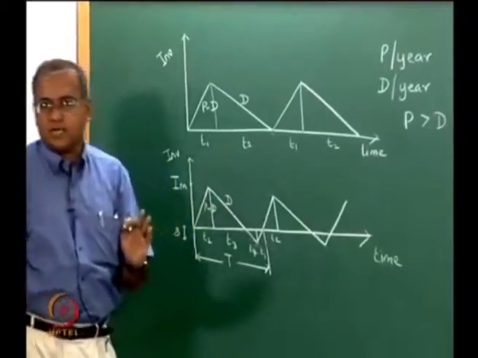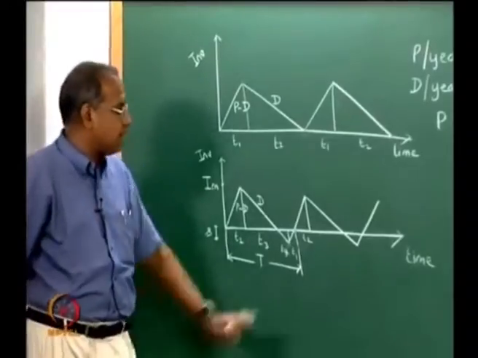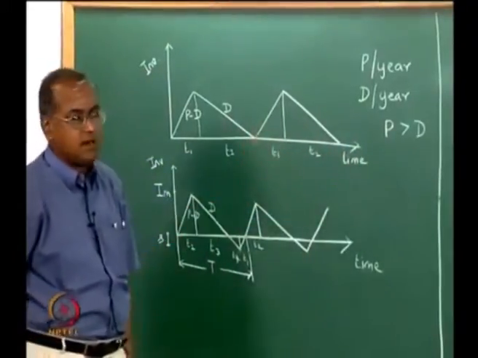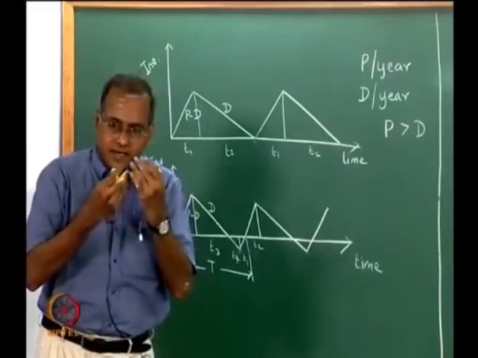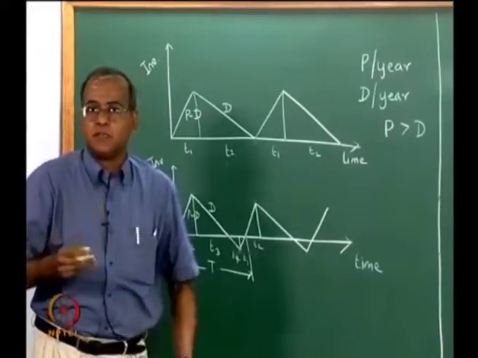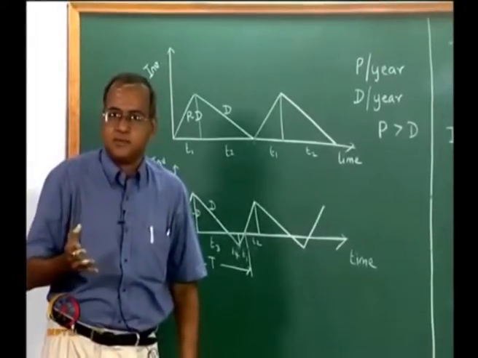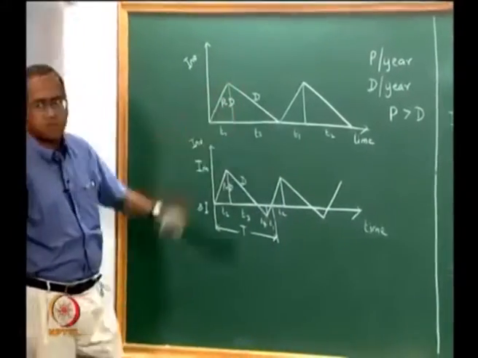But if we are not sure about CS and if we do not have the extra cushion, then it is better to assume CS to be infinity and use the earlier model, and not try to optimize further on the cost by allowing for back ordering and assuming a certain CS. The usability of this model lies in the exact estimation of CS. So, if CS can be estimated accurately and it is not going to hurt us if we allow back ordering, then this model can be used, otherwise the other model has to be used.